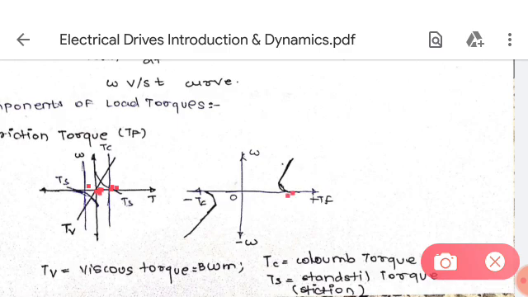So this point must be the stiction plus the Coulomb. Then as the speed is gained, the stiction goes to 0, but viscous friction and Coulomb friction will be there. So this part is the addition of viscous friction and Coulomb friction.